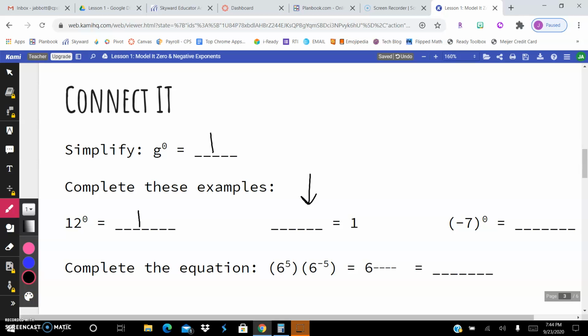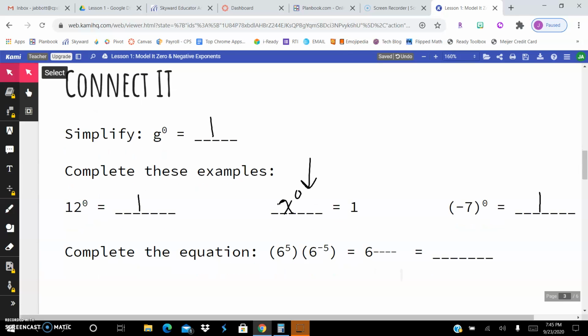We could pick x to the 0 power. We could pick 1,025,033 to the 0 power. The answer is still 1. So this one can be anything as long as the exponent is 0. And our last one here in this line, negative 7 to the 0 power, is also 1.